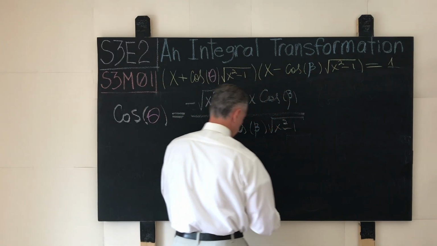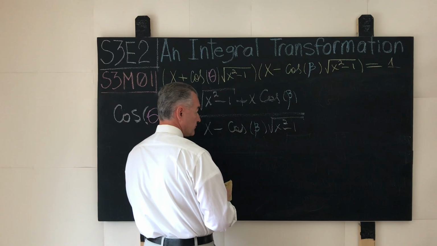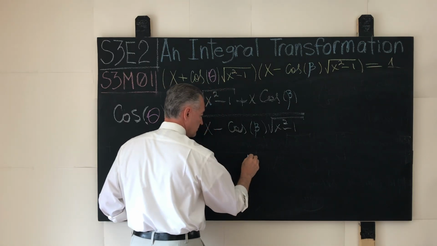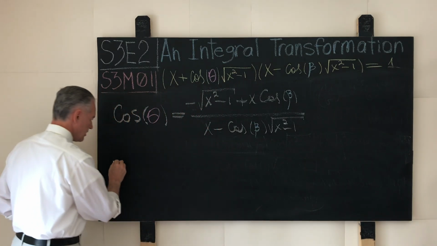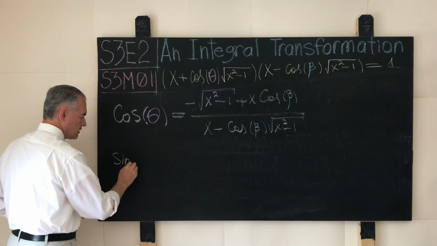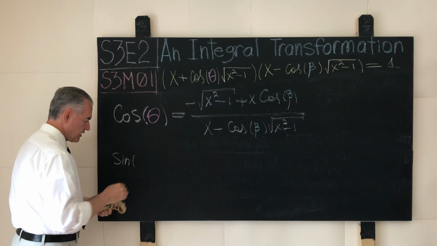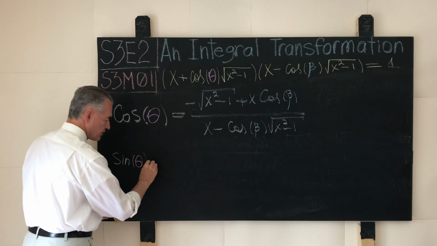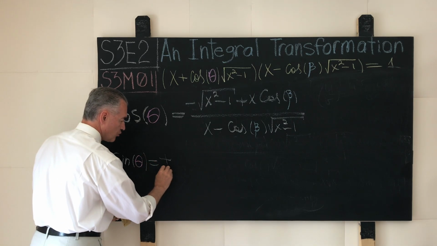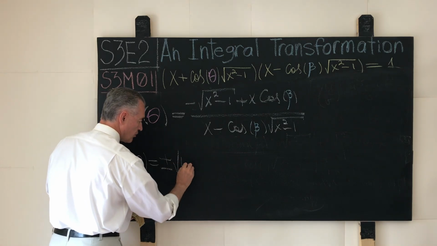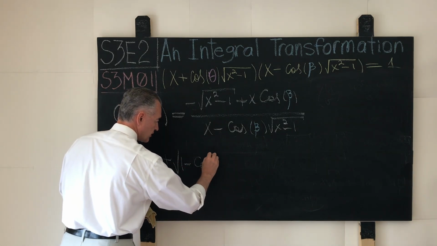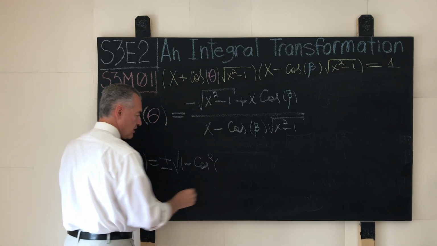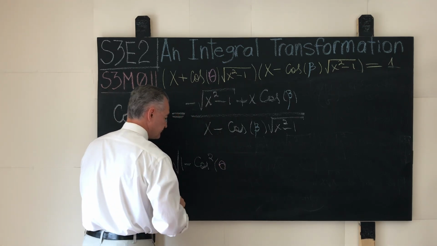Now, in general, for the sine of any angle, let's do it this way. The sine of theta, let's say, theta is equal to what in general? It is equal to plus or minus square root of 1 minus cosine square of the same argument.